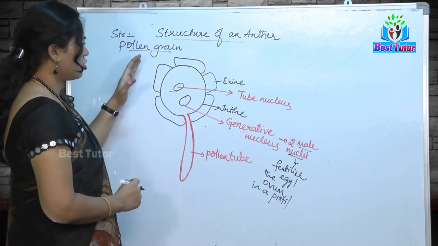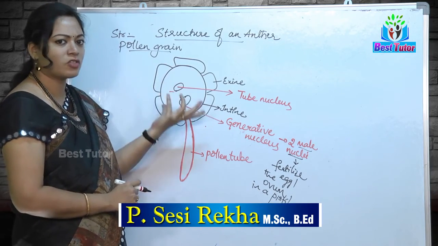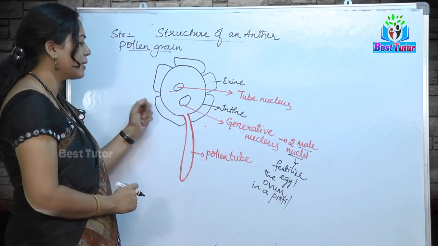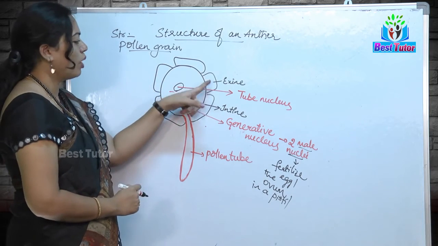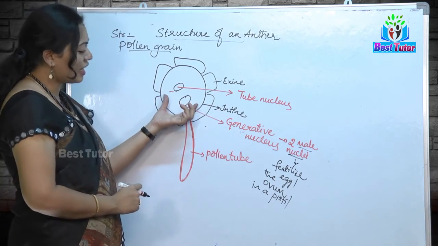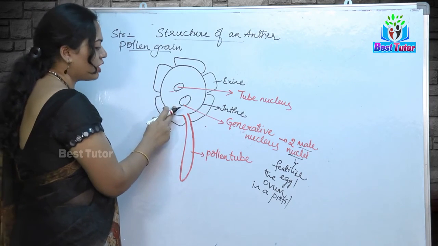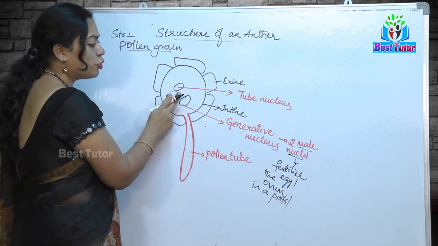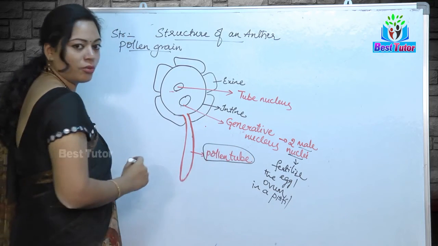So coming to the structure of the pollen grain, it can have any shape, and the sizes are also different for different kinds of flowers, and they generally have two kinds of covering membranes. One is exine, the outer membrane, then intine, the inner membrane, and inside the cytoplasm of this pollen grain we have two nuclei. One is known as the tube nucleus, which is going to form the pollen tube during the fertilization process.